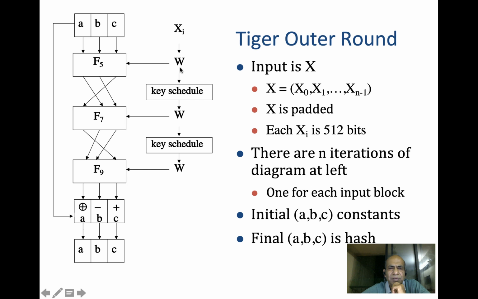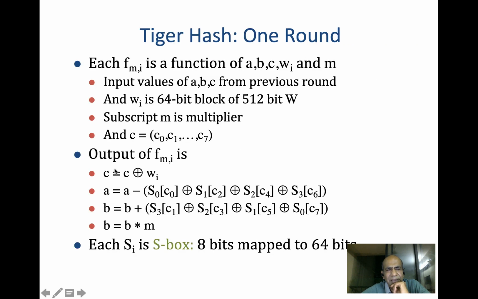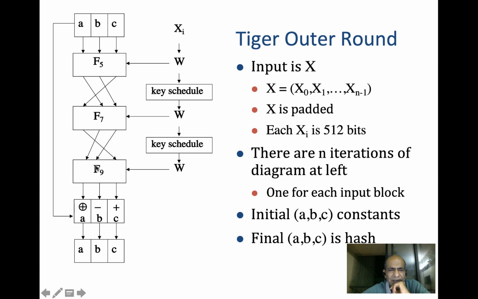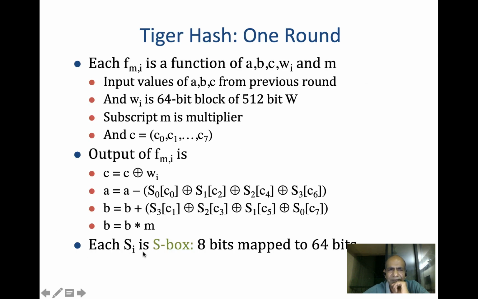Then this value of W with some change comes to this place, and some calculation happens, and then output goes here, and then some value of original W comes here and is applied to the function here, that's F9. And then there are multiple rounds of this functionality. And then finally we get the output at the bottom, which we have shown as A, B, C. Okay. So one round consists of some calculations, which is shown in the slide here.